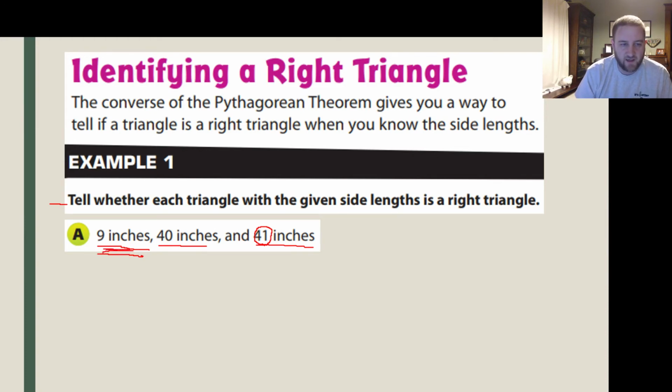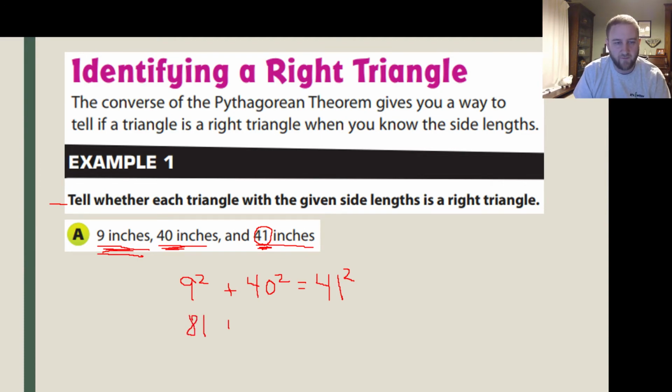Okay, so we're going to take 9 squared plus 40 squared and set it equal to our hypotenuse of 41 squared. Okay, 9 squared we should know is 81. 40 squared is 1600.